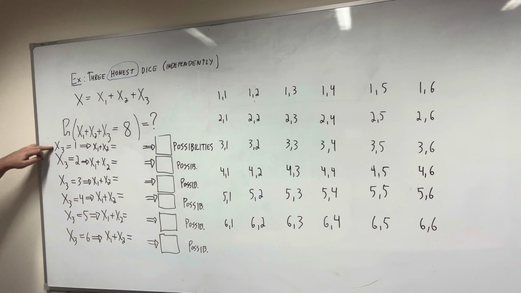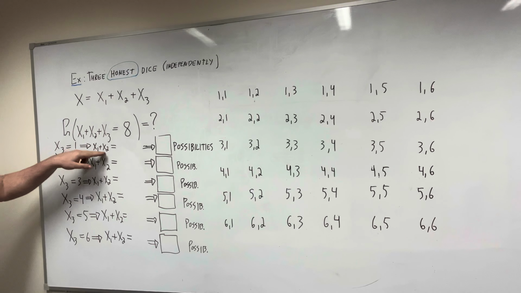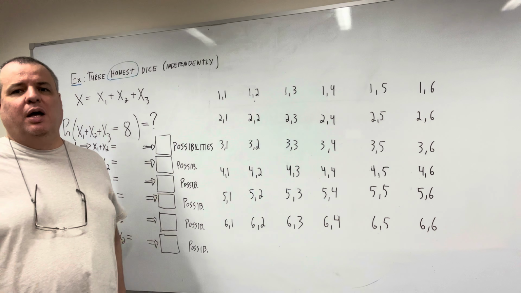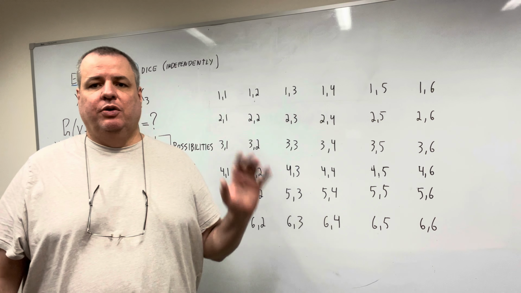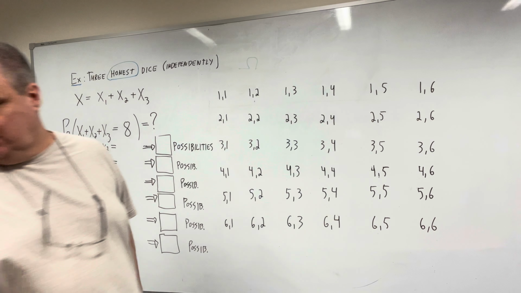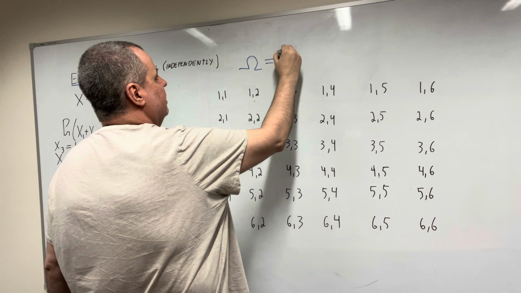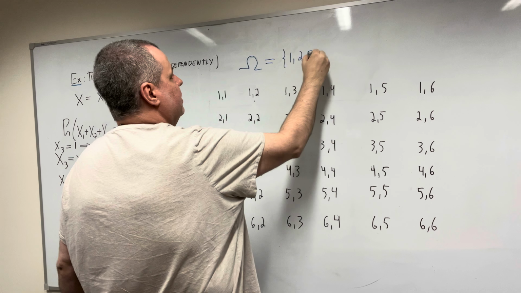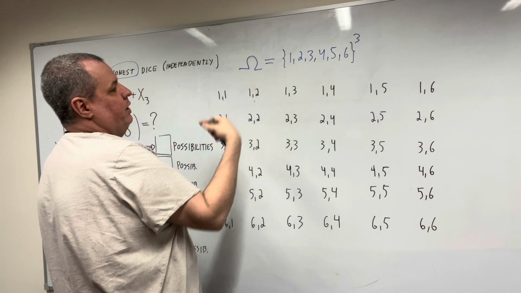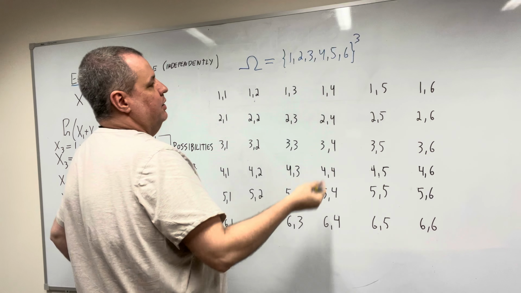So suppose the third dice result was 1. What has to happen to the other 2? Well, first things first. What's the sample space? I always say, let's calculate the sample space. Now the sample space here is going to be the set of triples, where the first number is 1, 2, 3, 4, 5, 6, the second is any, and the third is any.